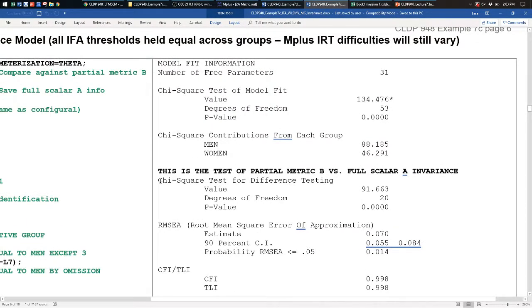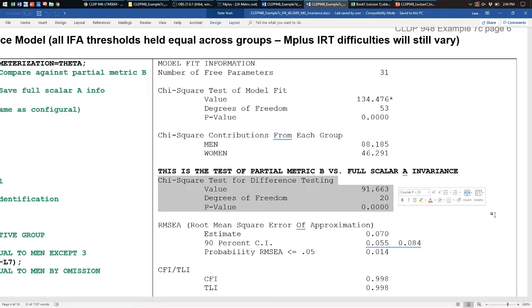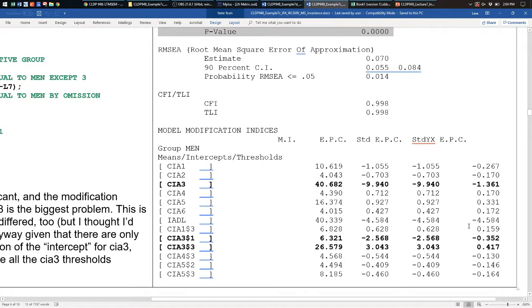However, there is a significant difference in model fit up to like the 5th decimal place. So yeah, no, it's not just about differences in ability. There's something else here that's gender specific. Let's figure out what it is.